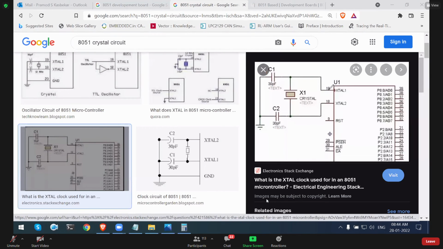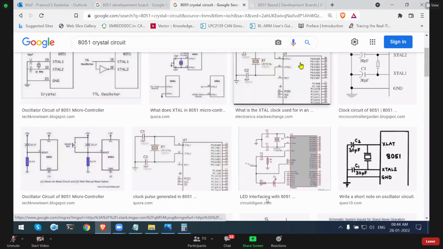This is connected to the crystal 1 and crystal 2 pins. From here you get oscillations inside the controller, the clock generator, and after that it goes to the CPU. So go through it for more detail.